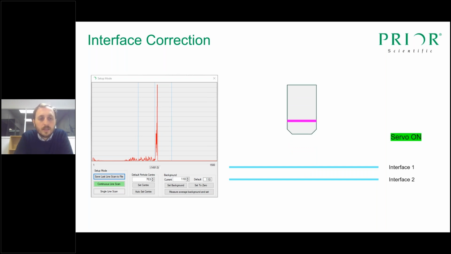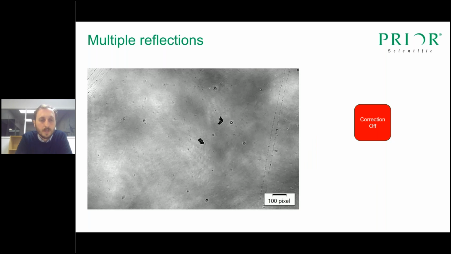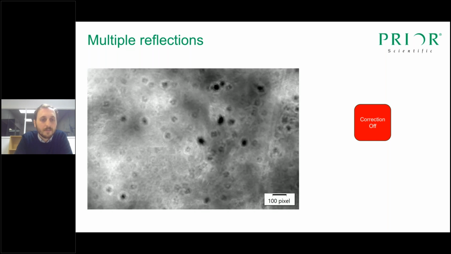We use an interface correction method that allows you to reposition the objective in advance of actually performing the closed loop operation, to ensure that you always home in on the correct interface within the sample. So we've just got a little video here to represent that. What we're looking at here is a completely defocused sample, and you can see as I've turned the contrast up that there's a sample waiting to be imaged.